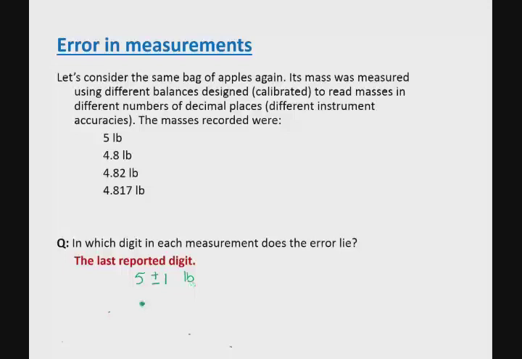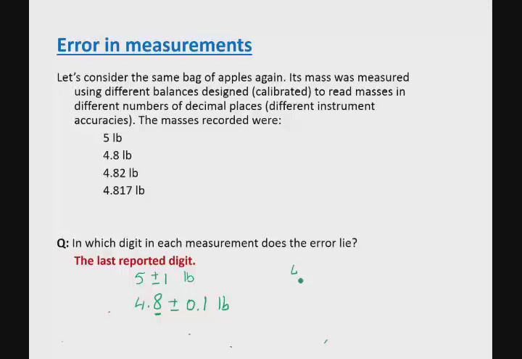In the next one where it says 4.8, the last reported digit is in the tenths place, the first decimal place. So the error will also be in the first decimal place. In other words, the actual weight of this bag of apples can be anywhere from 4.7 to 4.9 pounds.